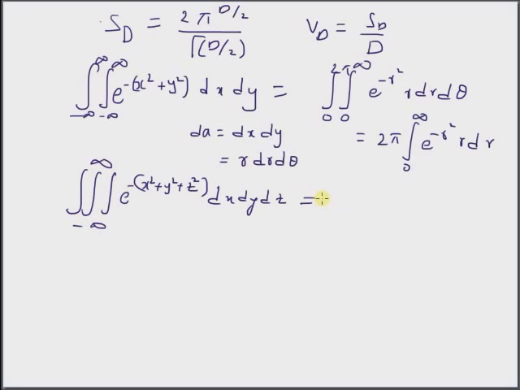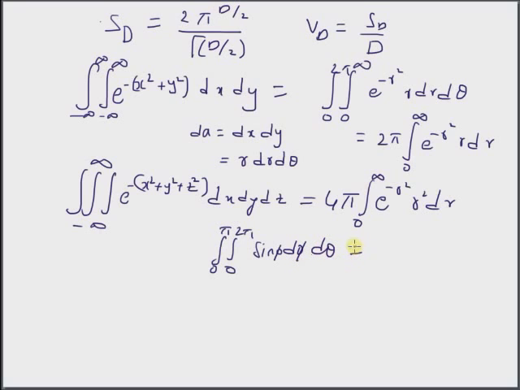This can be written as integral 0 to infinity e power minus r square r square dr, and we also have sin phi d phi and d theta, which basically integrate to 4 pi. Let me write that. Integral 0 to 2 pi, 0 to pi, sin phi d phi d theta, which is equal to 4 pi. Hence, this volume integral becomes this integral in the spherical coordinate system.